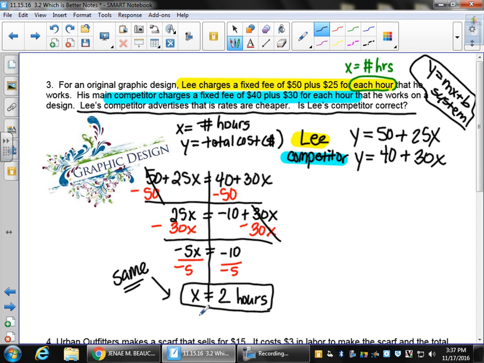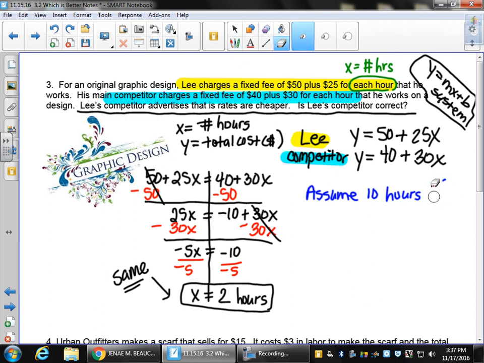What if you need more than 2 hours worth of work done? Let's assume 10 hours of work. What are we going to get? Let's see.